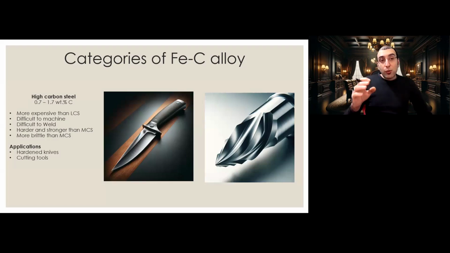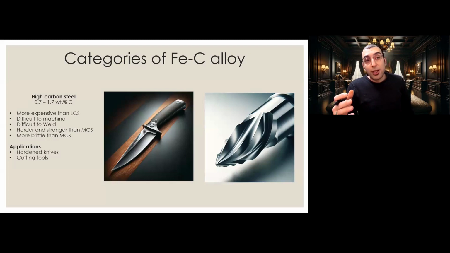But once you make it, it is really strong, and we usually use it, as you can see here, for hardened knives. These knives can sometimes cut through metal. You can cut aluminum and other metals with this kind of knife, and we can make very hard cutting tools with it that can also cut other hard metals.